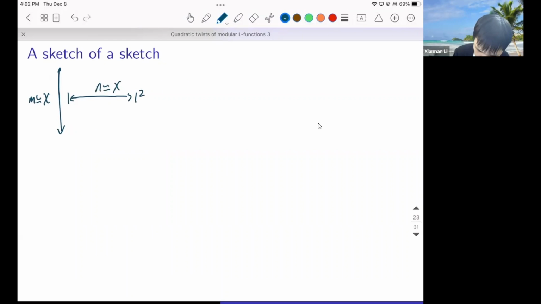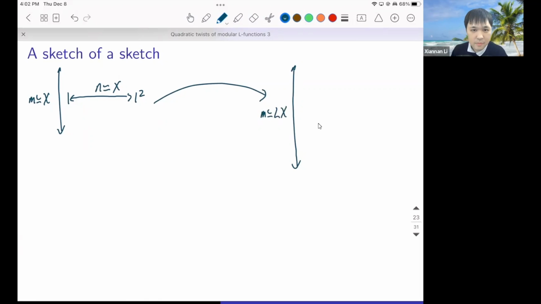And the idea is I don't like this because neither Poisson summation nor the approximate functional equation is useful. So what I want to do is replace this with a longer sum. In particular, I want the sum over m to be longer, let's say L times x for some parameter L. You can think of L as some large parameter.